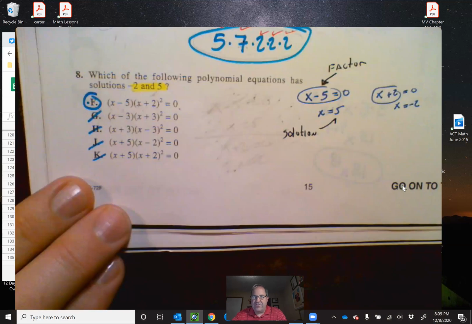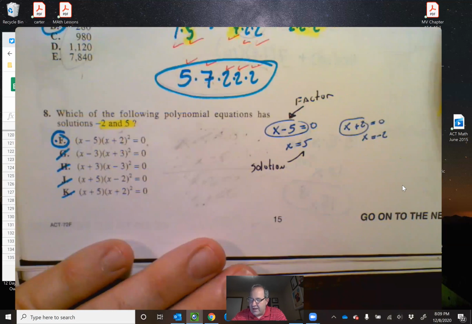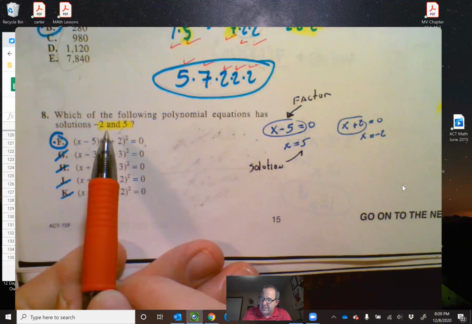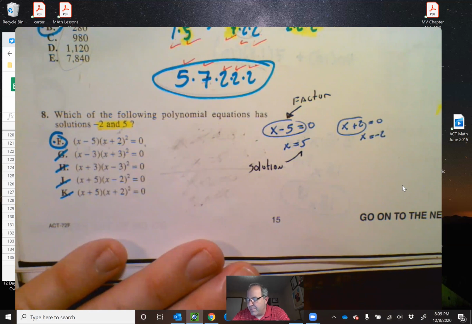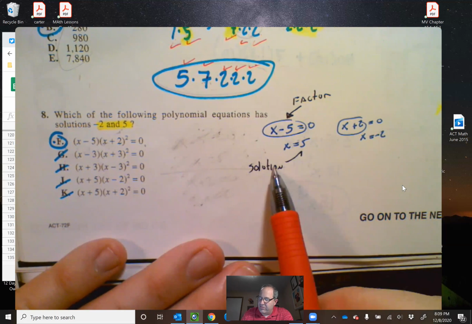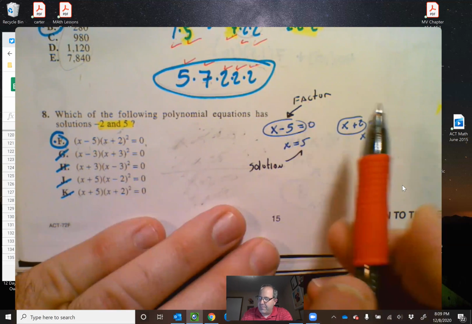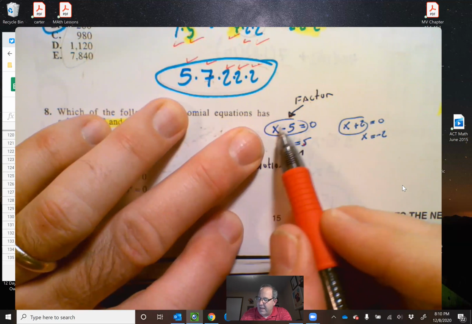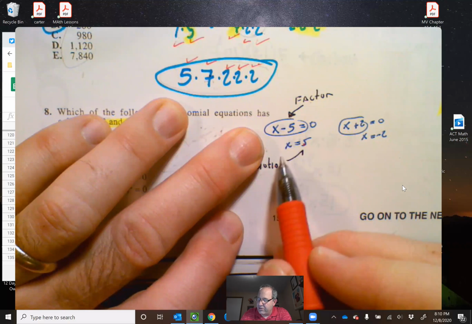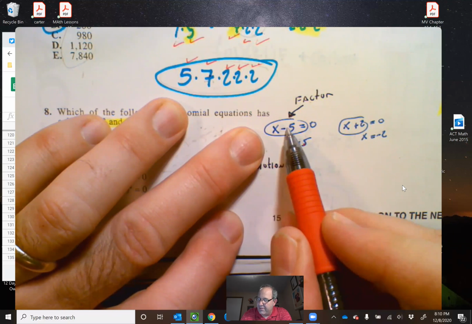Number 8 is checking on your quadratic ability. They're telling us that these two numbers are solutions. What could it have come from? Well, we need to remember the relationship between a solution and a factor. If the solution is 5, it must have come from the equation x minus 5 equals 0. Because if I solve this equation, I'd add 5 to both sides, right?